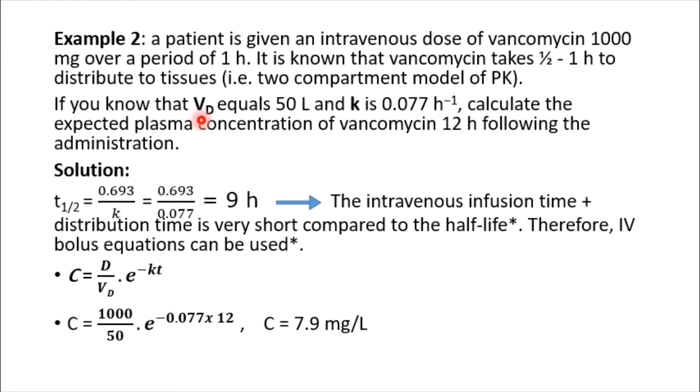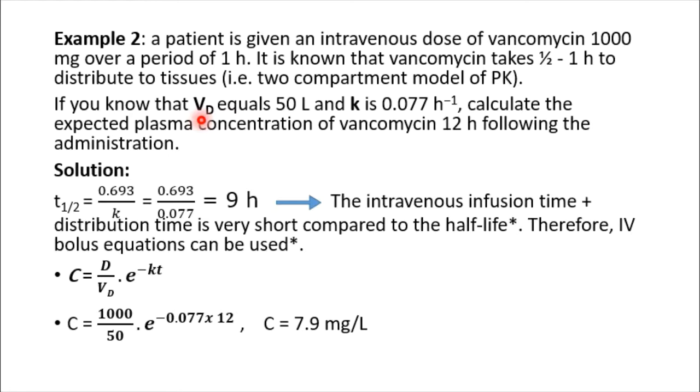Usually, if a drug has a distribution or administration time within 1 hour and it has a large half-life, then it's easy to calculate plasma concentrations using equations of IV bolus.